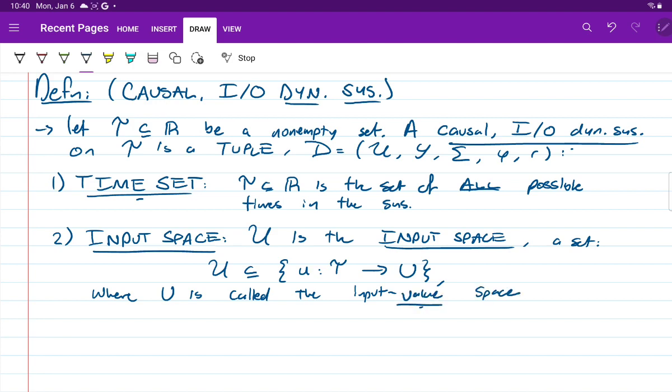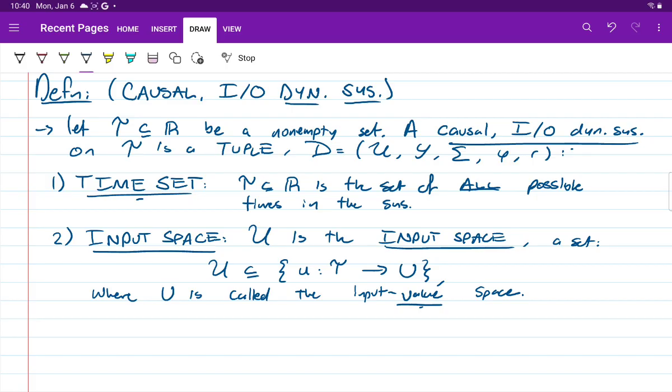The input space is a set of possible input signals. It's not a set of possible input values, but a set of possible input signals. This means that every element of the input space is actually a function. It is not a value.